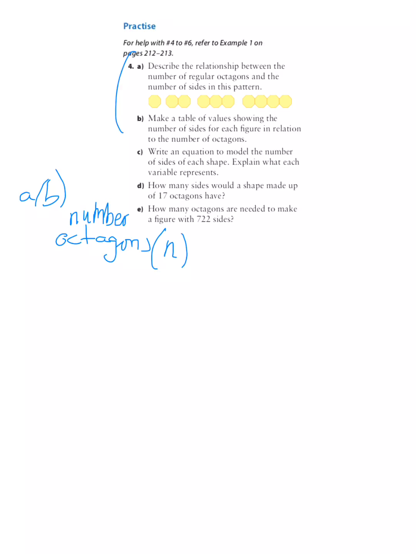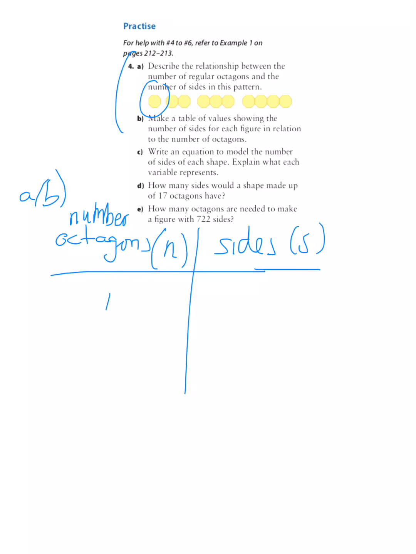And the reason why I don't want to call it O is because O looks a lot like 0, and then that can confuse us. So number of octagons we're going to call N, versus the number of exposed sides, which we'll call S. Okay, so the first one here has only one octagon, and it has 8 sides.